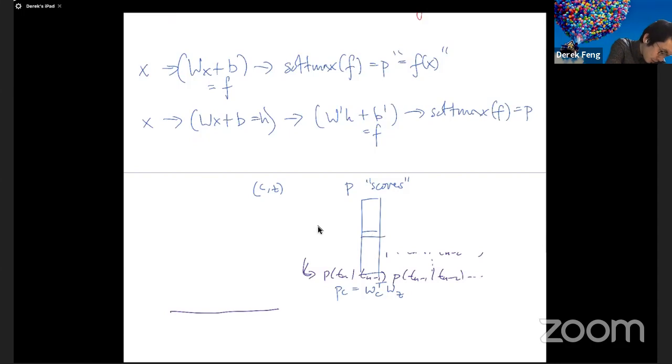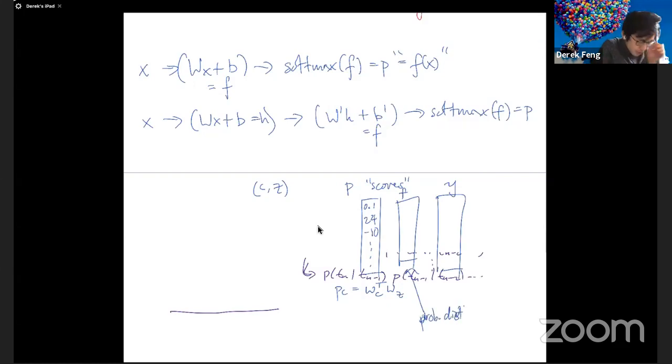In particular, you could think of these as numbers, like 0.3, 24, minus 10, and so forth. And then what I get out is a y, right? Here I have an f that converts my P to a probability distribution, but I'm going to ignore this layer because you have to do the softmax layer.